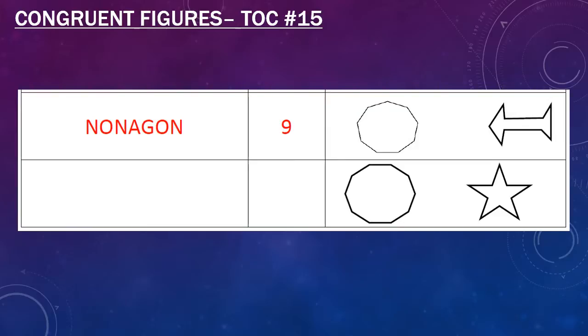Again, a nonagon has 9 sides. You can remember that because they both start with an N. And then the last shape is a decagon, which has 10 sides. Deca means 10, and if you think of decade as 10 years, deca is part of decade, that is 10. Decagon is 10. All right, flip over your page.